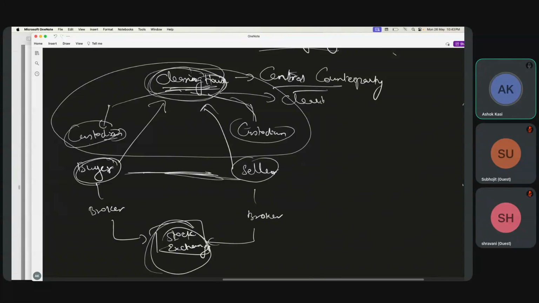Okay, clearinghouse takes the counterparty guarantee. So clearinghouse helps in settlement.